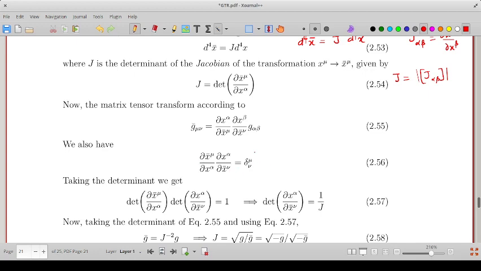In this equation, if I define A mu alpha as dx bar mu by dx alpha, and say B alpha nu as dx alpha by dx bar nu, this expression can be written as A mu alpha times B alpha nu.